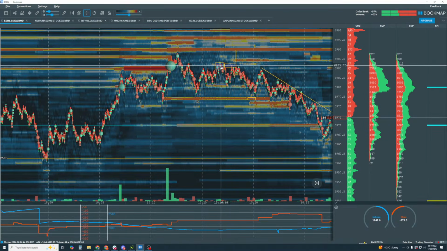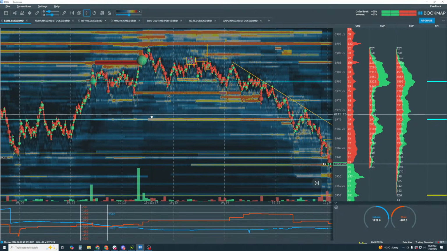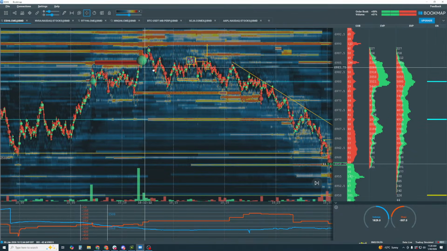Okay, what do we see? Well, we got a cluster of buyers in here. We got very little in here, and we said we don't know, but if we get the buyers, we'd look for the move to 90. We didn't get them. What do we get instead? Down to the swing, down to the liquidity in these levels in here. Sellers come in more, come back down to this level in here. Now we're understanding the context in here.